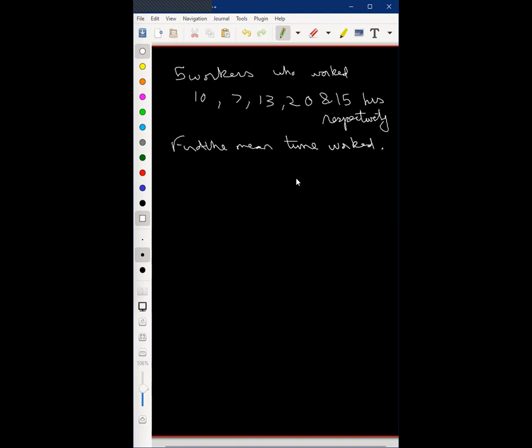So find the mean time worked by the workers. We already know what is mean. Mean is nothing but the sum of the observations by the total number of observations. So here, what will be the sum of the observations?